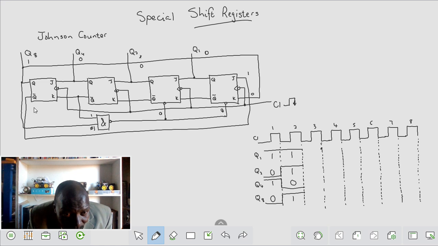That one does not wait. So the moment that these two were 1, 0, those ones would have corrected. Actually, the correction is supposed to be here. I jumped the gun here.